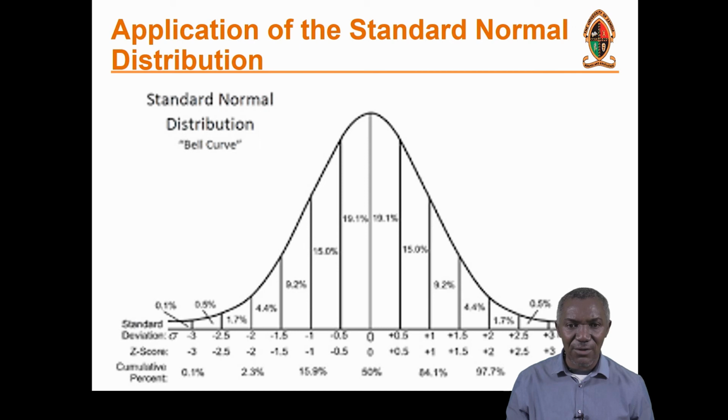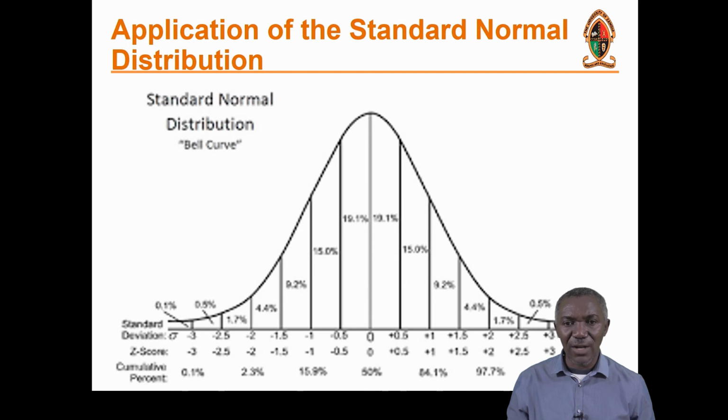In this case, the percentile rank for the z-score -1 is 15.9, and we get this from that understanding of the empirical rule, that from -1 to 1 is 68, and then we subtract what lies on the left side from 50, and then we get 15.9.